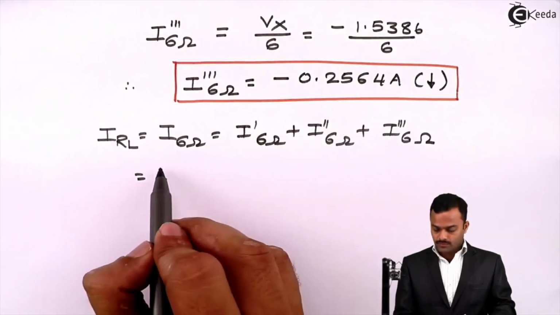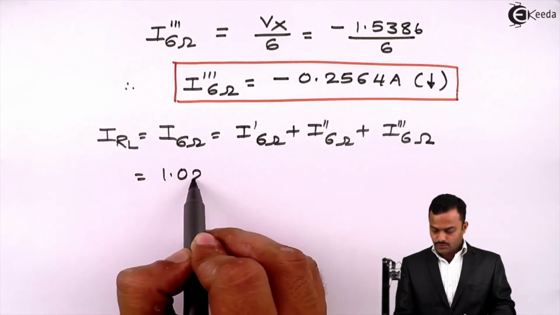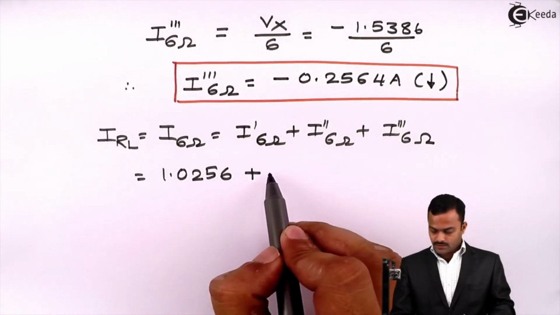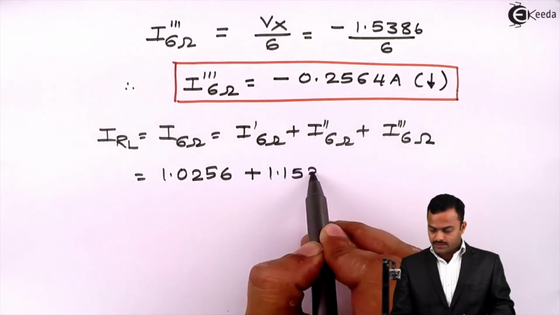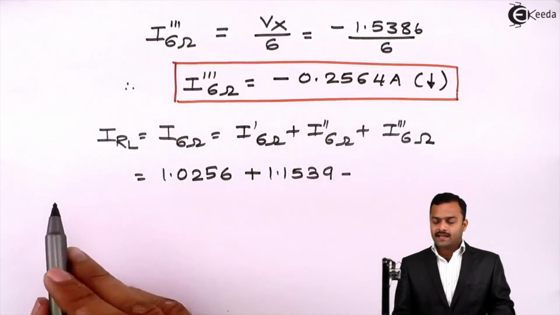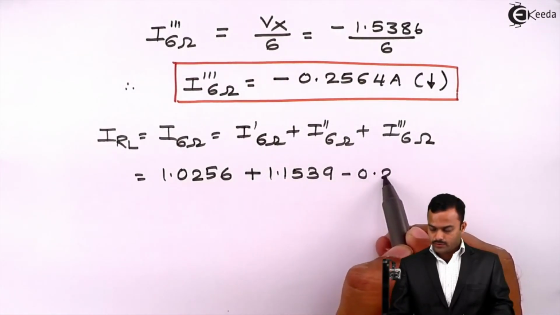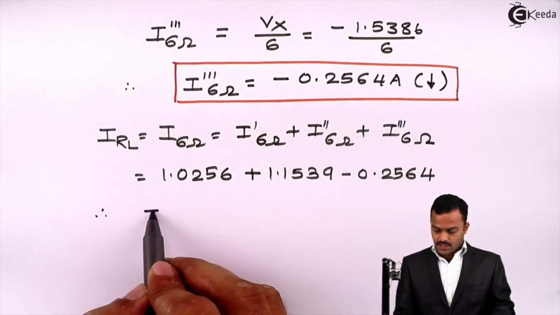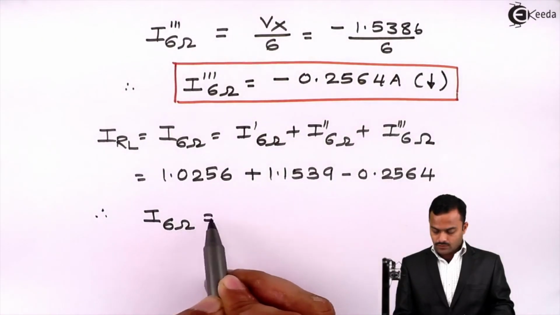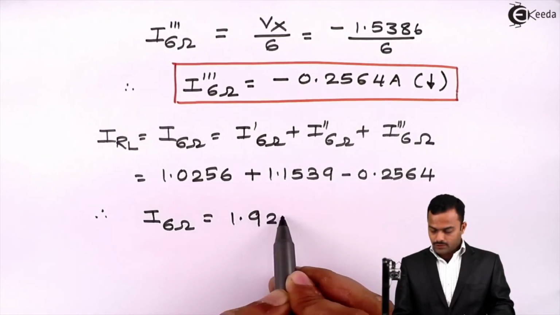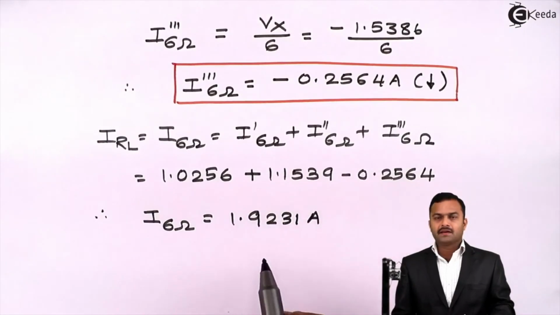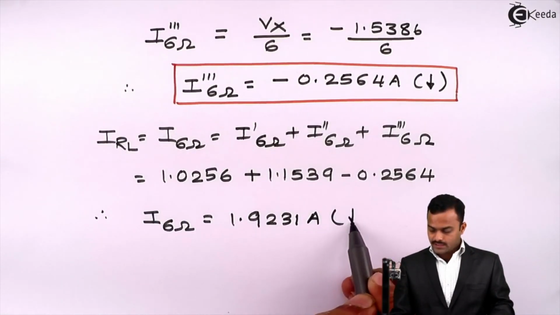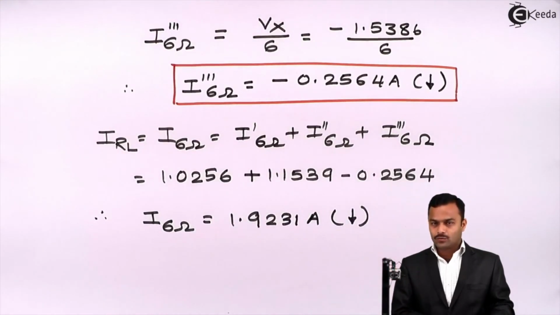I dash 6 ohm is 1.0256, I double dash 6 ohm is 1.1539, and I triple dash 6 ohm is minus 0.2564. So adding these I will get 1.9231 ampere. And here I am getting a positive result. That means the assumed direction is correct, which is downward.